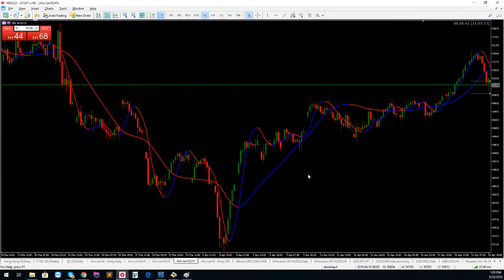So slope direction is a statistical measure showing the angle of price moves. The simplicity of it is typically, the stronger the price movement is, the steeper the angle. We compare that over an 89-day and a 20-day period to give us a comparison, and then we use the crossover of those two lines as an entry point.